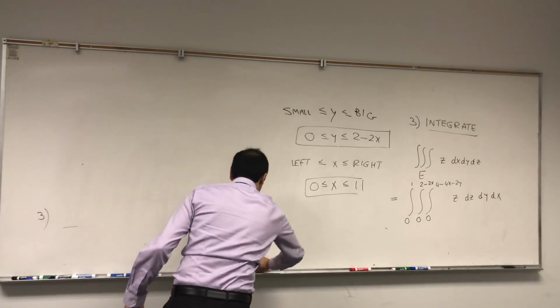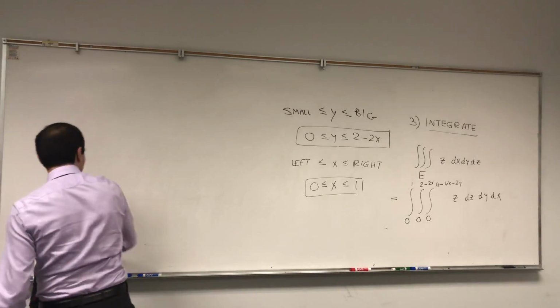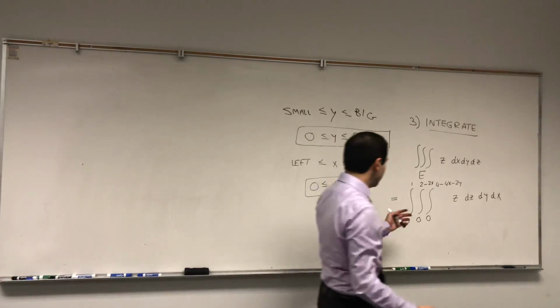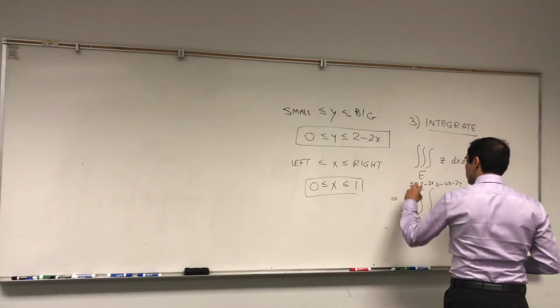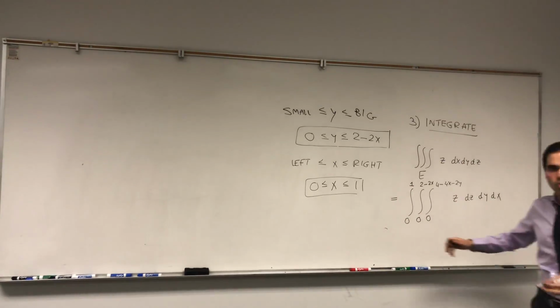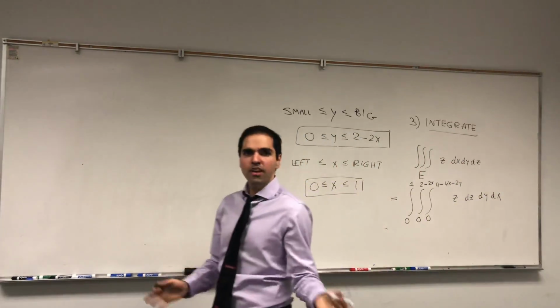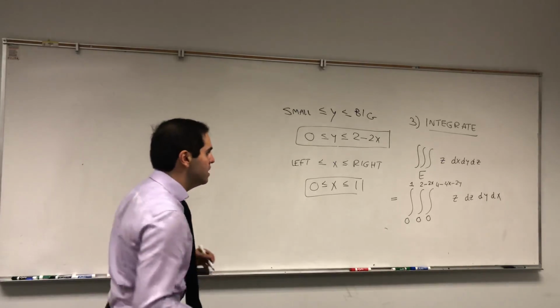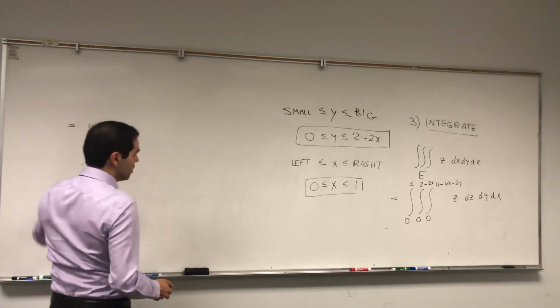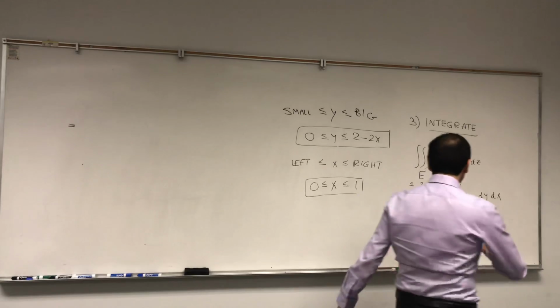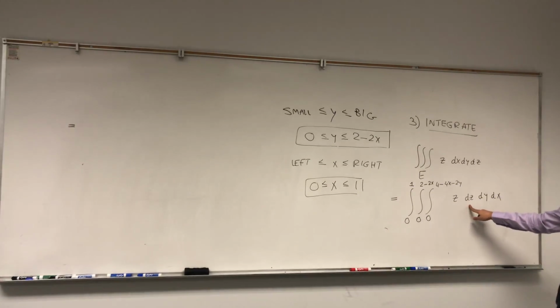And by the way, the nice thing is now we completely describe the region in terms of inequalities, so the rest is just doing a bunch of integrals. It's a triple integral, as in let's do 3 integrals. Very good. What is an antiderivative of z with respect to z?